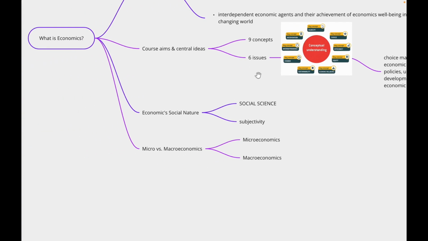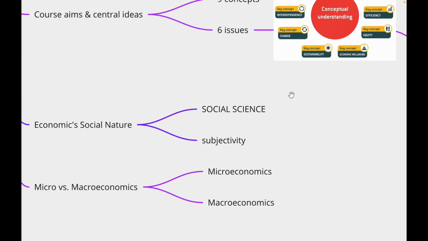There is a social nature to economics. In other words, economics is a social science. But why do we call it a social science? First, let's start out with social, because it deals with human society, interdependence, and behaviors in communities.